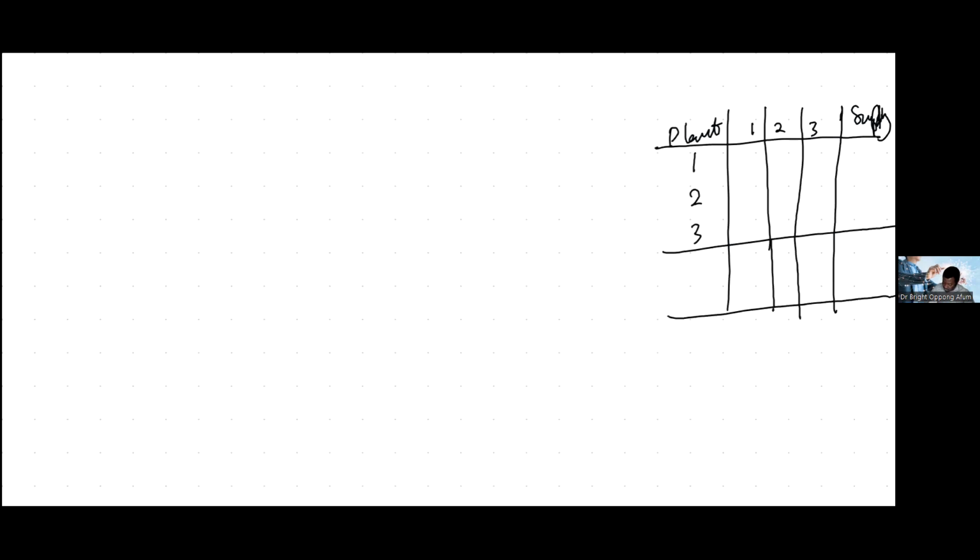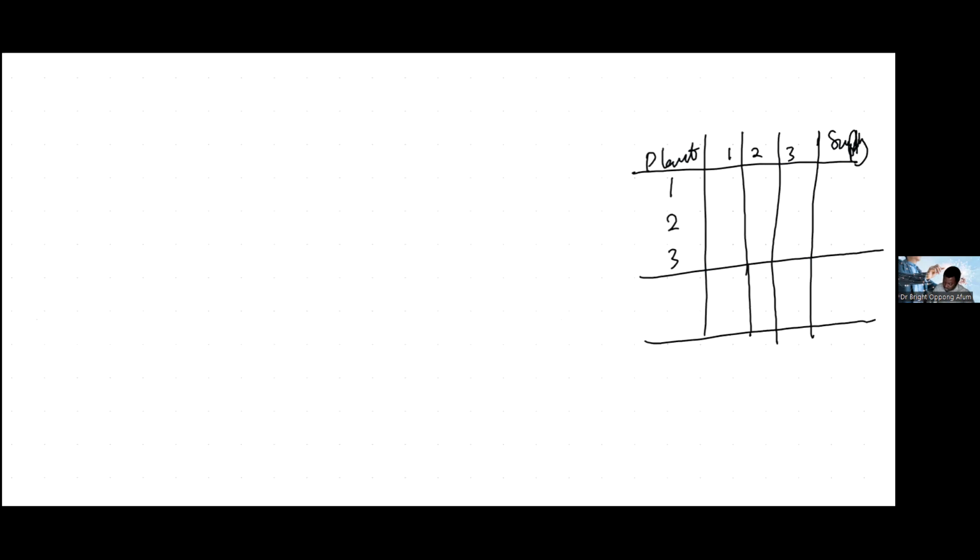So we have the destinations here, and the plants or the sources. So we have 8, 5, 6, 15, 10, 20, 3, 9, 10.